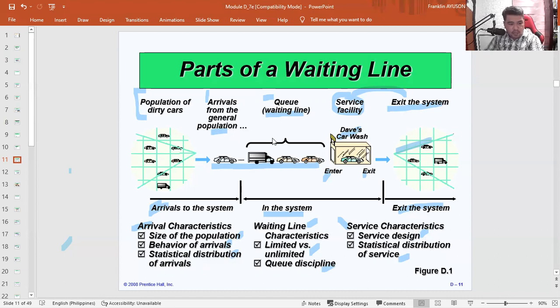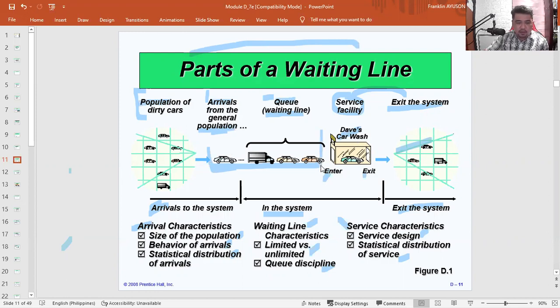So again, before we move forward, we are considering or discussing here the parts of the waiting line. Again, we look at the population, the arrival from the general population entering our queue. So papasok na siya sa queue.